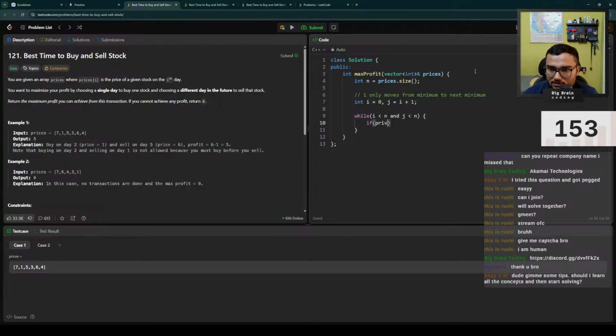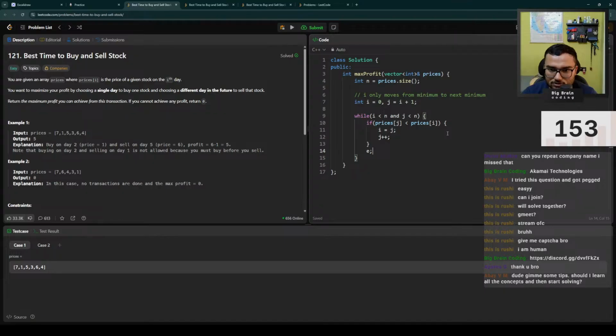If prices of j is less than prices of I, then I equals j. Then j plus plus, right? So j is moving in both conditions.